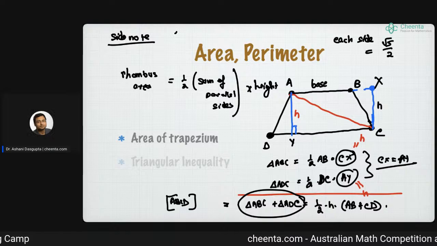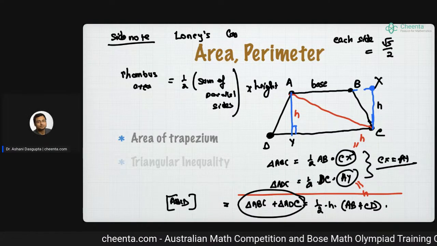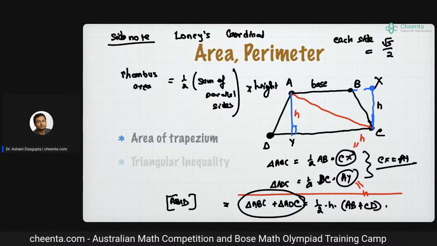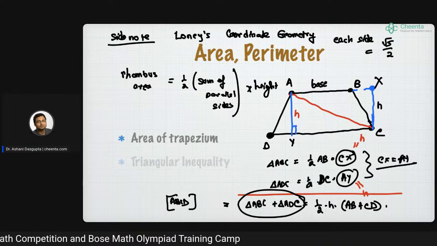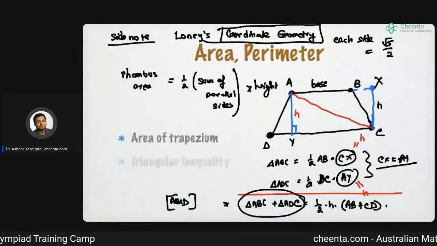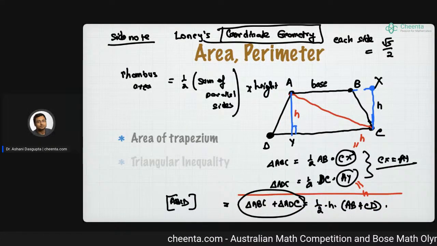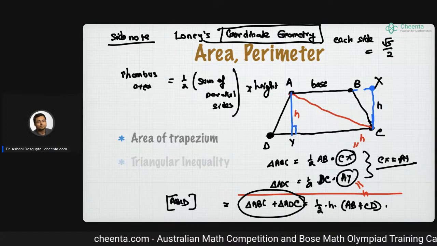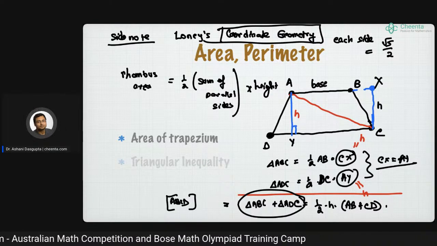Check out Loney's book on coordinate geometry. It is a very ancient book, but it has a lot of good material in it. There is a book by Loney on coordinate geometry where he derives the formulas for the trapezium, for the triangle, and so on.